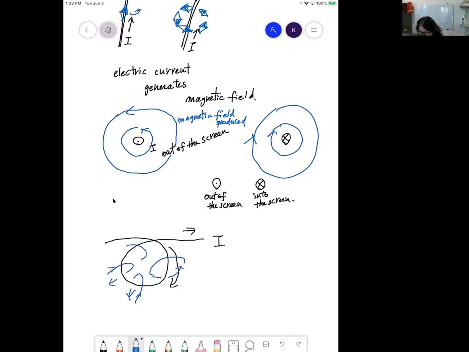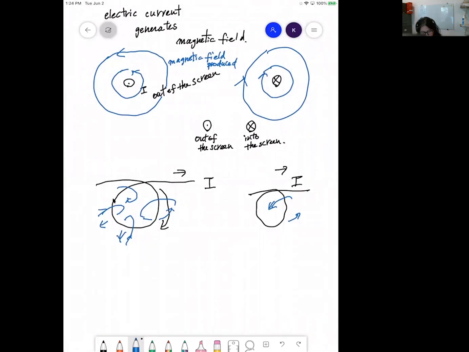So overall, by having a loop like that, when the current is running, the magnetic field will come into the loop and then come outside. And when you have a number of loops, it emphasizes more, but I'll discuss that again in the next video.